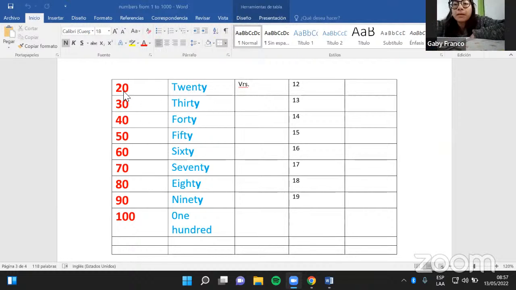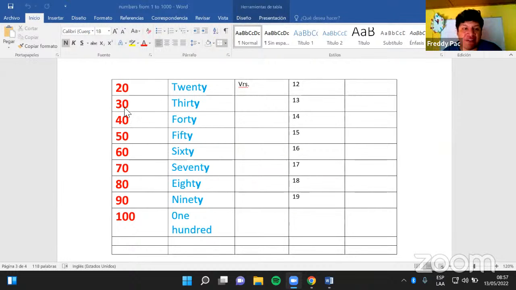You see that all of the quantities that have 0 finish with the letter Y, as in Yankee, yes? 20, 30, 40, 50, 60, 70, 80, 90. But now, don't get confused with these quantities, guys.